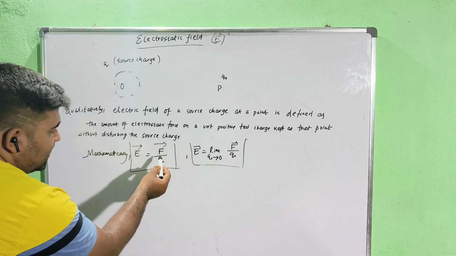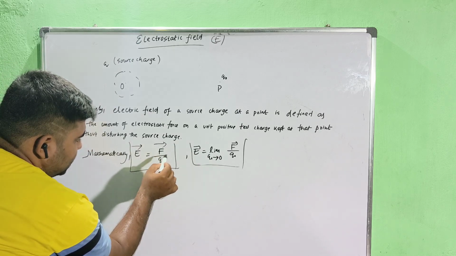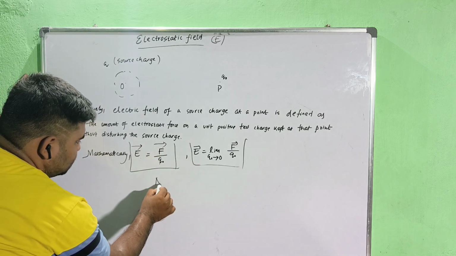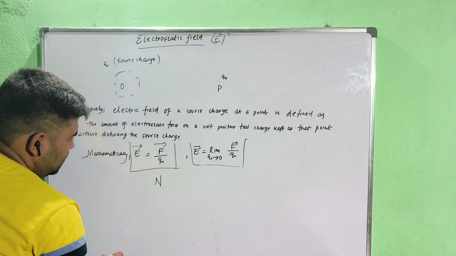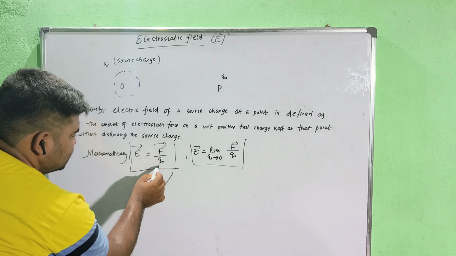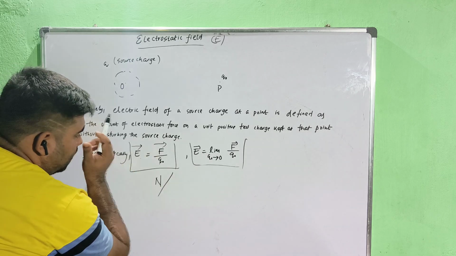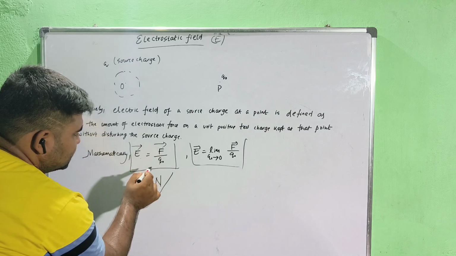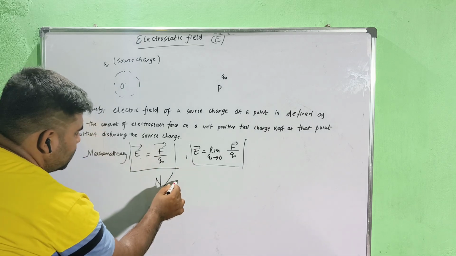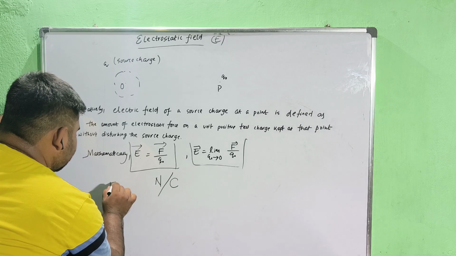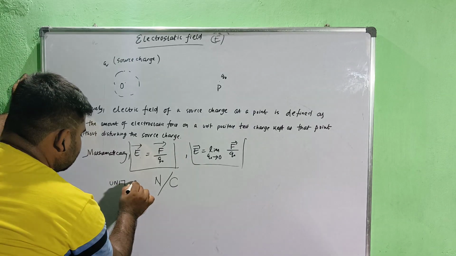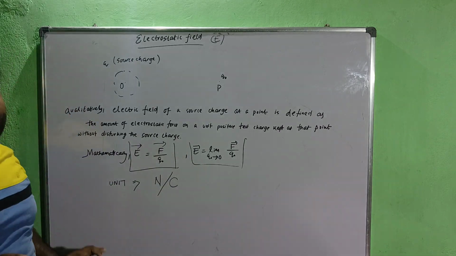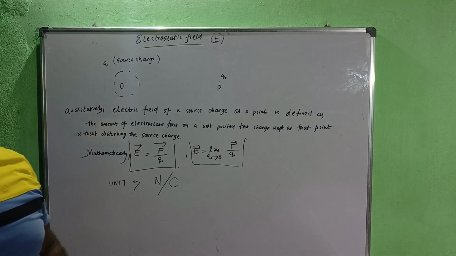What is the unit of force in SI? It is Newton. What is the unit of charge in SI? Coulomb. So the unit of electric field is Newton per coulomb.